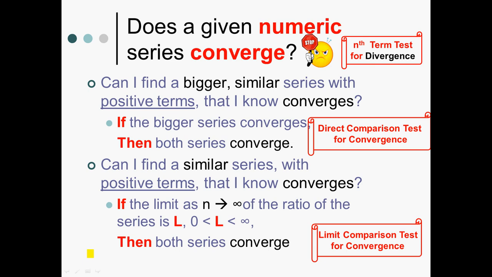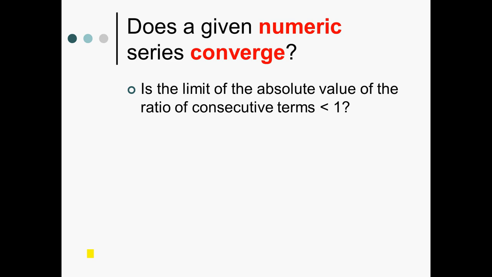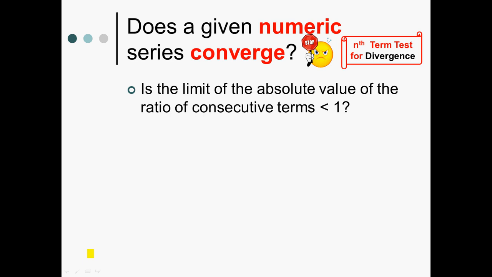We can use the DCT and LCT for divergence as well, but remember we're after convergence, so I'm only listing the tests for convergence. Never forget, I'm putting the nth term test on every screen. Don't forget the nth term test. There is a ratio test for a numeric series too. I talked about that in yesterday's video. It's just the ratio test for power series without x stuff in it, that's all.